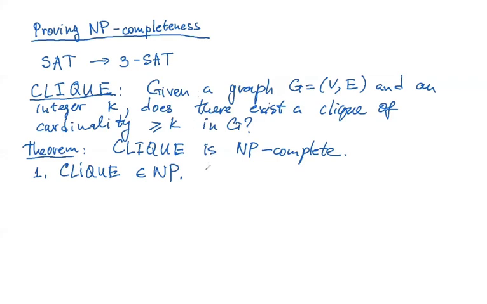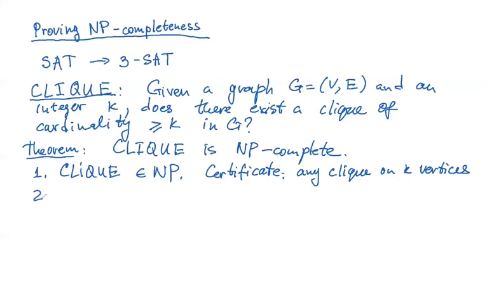So our certificate is any clique on k vertices. Once we find such a clique, it's very easy to verify that this is indeed a clique by just looking at all possible pairs of vertices and making sure that they're connected by edges. This takes at most order k squared time, and this is clearly polynomial.